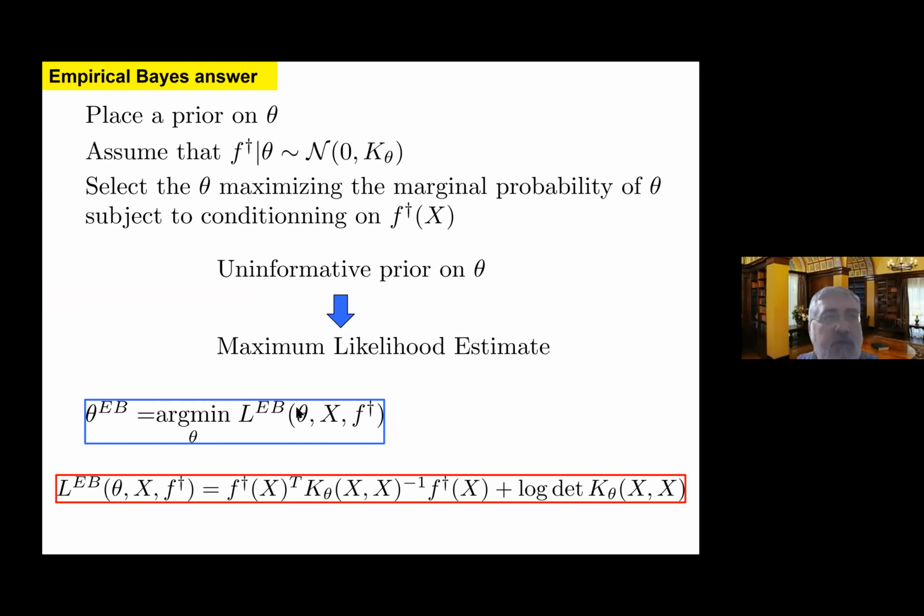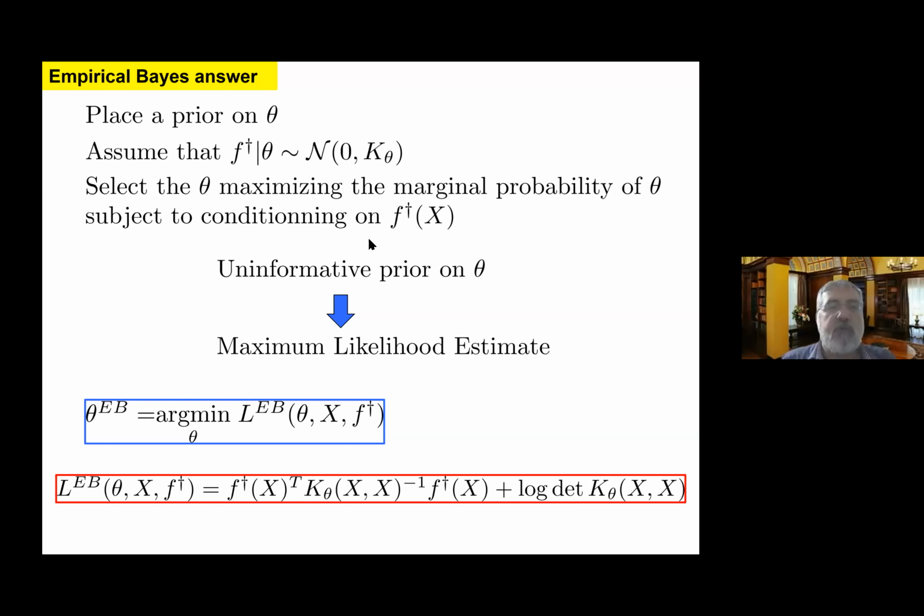We are going to consider 2 possible answers to this question. The first one is known as the empirical Bayes answer. And this answer is to place a prior on theta, assume that given theta, the target function is sampled from a centered Gaussian process distribution with covariance function k theta, then select the theta maximizing the marginal probability of theta subject to conditioning on the values of the target function at the data points.